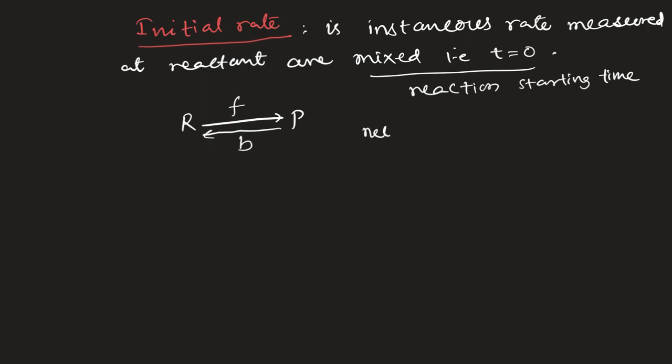So net rate is equal to what? Rate forward minus rate backward. So it is difficult to calculate. Therefore, initial rate: initially the R concentration will be present, the product concentration will be 0, and after some time the R concentration becomes R minus x, then here x, at t equal to some t.